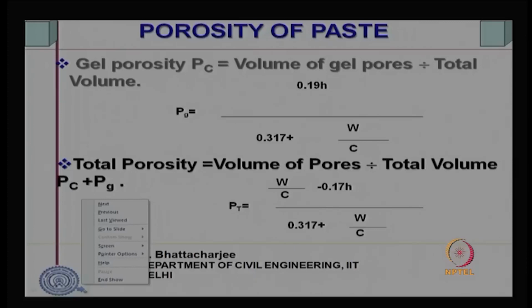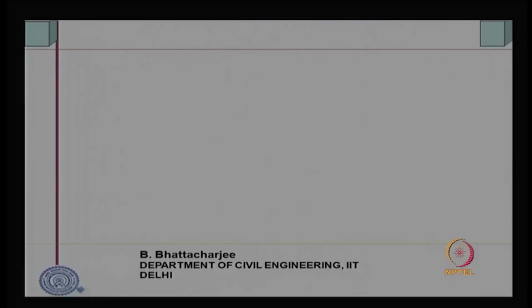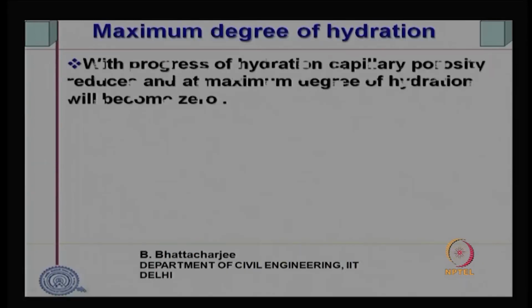Right. Now, you see, the total porosity of cement paste is important, but one interesting thing is that for complete hydration, the minimum water cement ratio required, I can derive from these concepts.